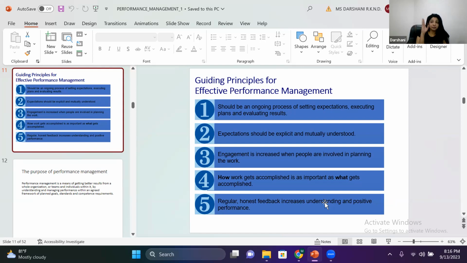Disneyland is one of the best organizations which could be explicit to their employees. It means to express to their employees what they expect from them. Once we tell them what we are expecting from them, they know what to do. They know how to work, and it is mutually understood.